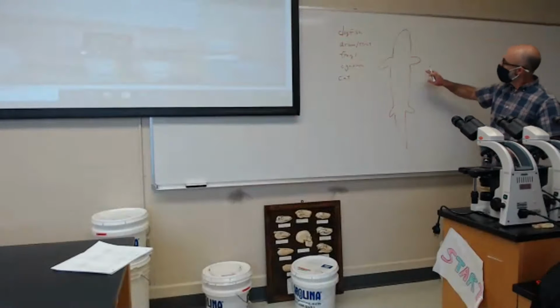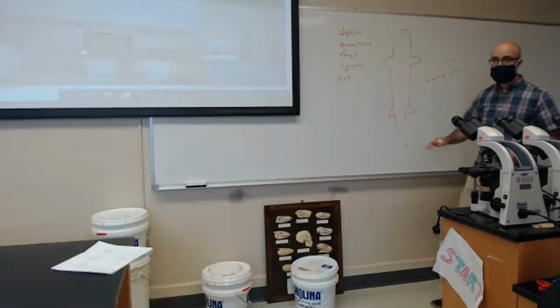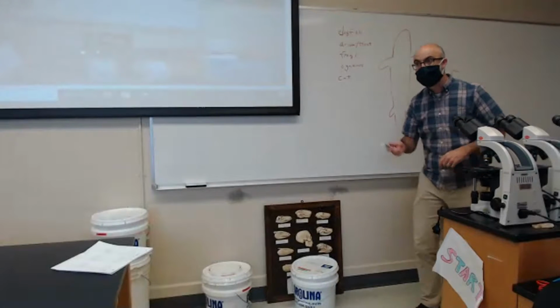You get some where the front limbs are modified into wings. But largely, when you look inside of them and you look at these structures, it's very similar. Wait, so we don't have a bird on here. Correct. But I was just going to say, if you cut open a bird, you should be able to fumble your way around after this.